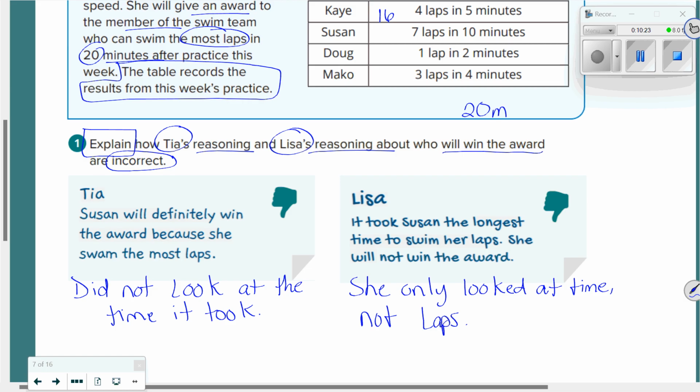What would I multiply 10 by to get to 20? 2. So 7 times 2? 14. What would I multiply 2 by to get to 20? 10. So 1 times 10? 10. And 4 to 20? 5. So 3 times 5? 15. So that is how much each swam in 20 minutes, and K swam the most laps. Make sense? Good job.